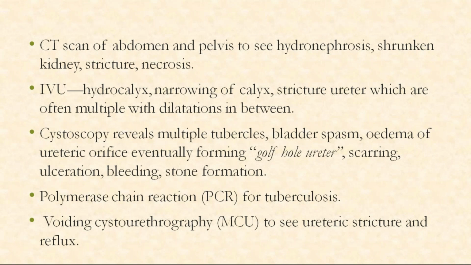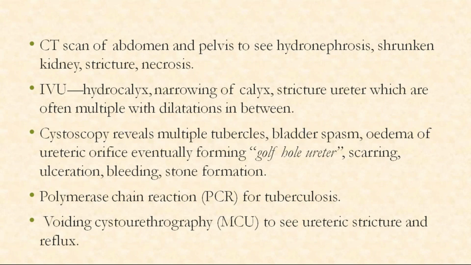Sometimes they ask a 2 marks question; you should write that golf hole ureter is seen in tuberculosis infection of the kidney. When you do the cystoscopy, there may be multiple tubercles present in the trigone and the inner mucosa of the bladder. There is a spasm of the bladder and edema is identified on either side of the ureteric orifice.